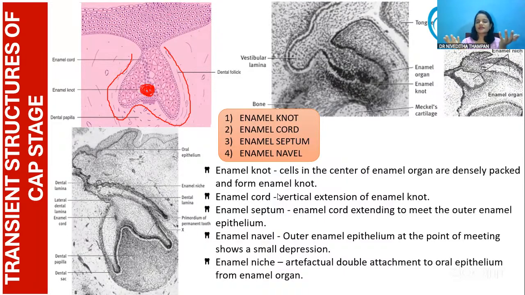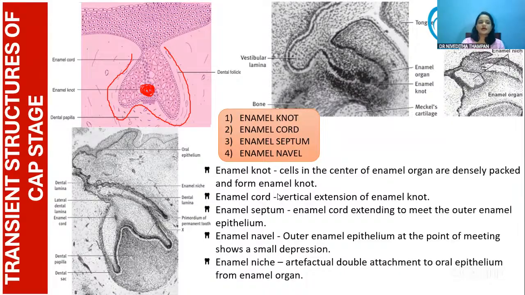That structure is called the enamel knot. Why is the knot-like structure getting formed there? Because the cells are continuously proliferating there, and lots of cells form a very thickened knot-like structure.